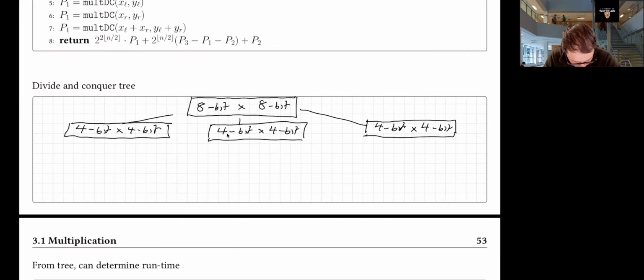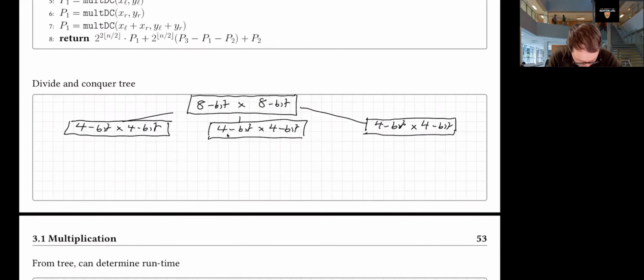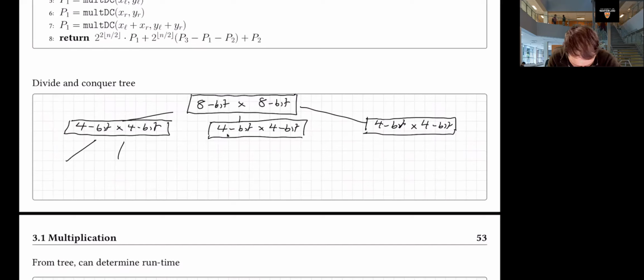And then again, to multiply these, I do 3 2-bit multiplications. So I'll just write 2-bit times 2-bit.